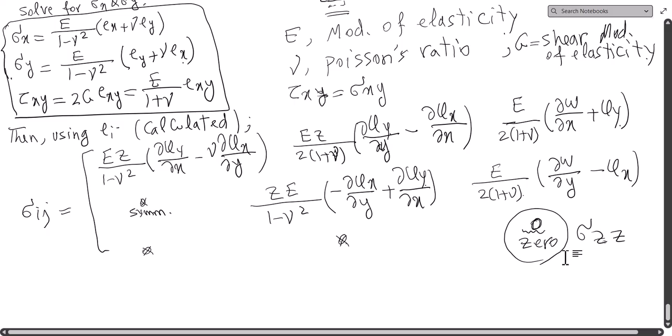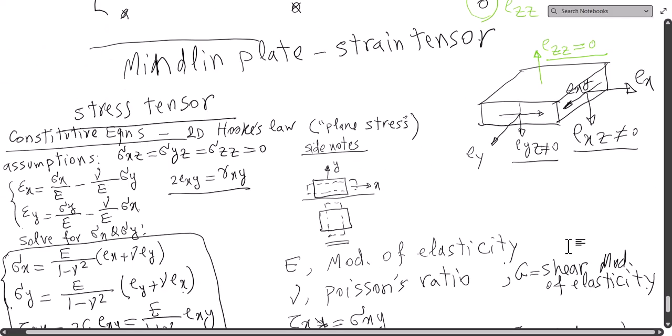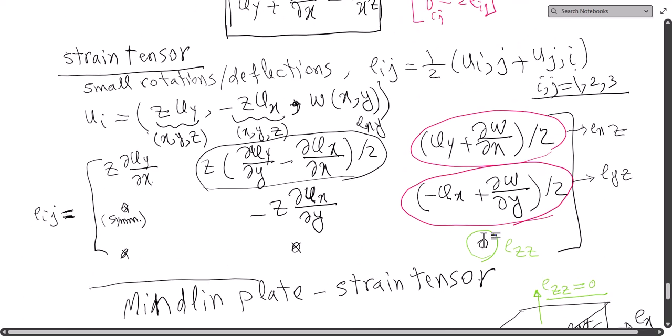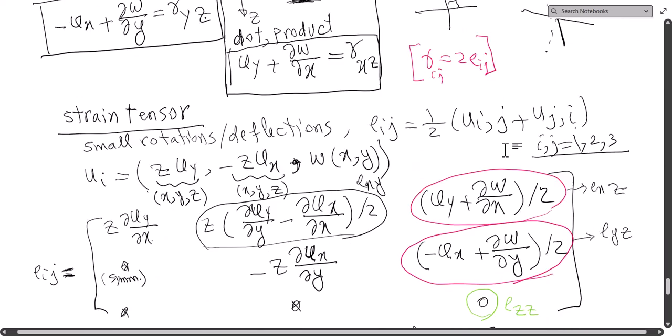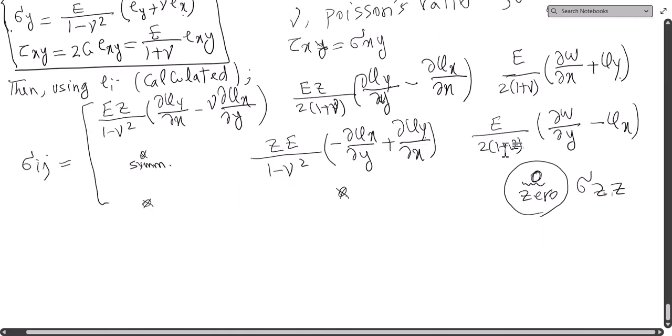And this 0 is not an assumption. It's very important to realize that this 0 is not an assumption. It is the consequence of the kinematic assumption that we have. All of the assumptions that we have for this Mindlin theory, especially this one, this is the consequence of that.